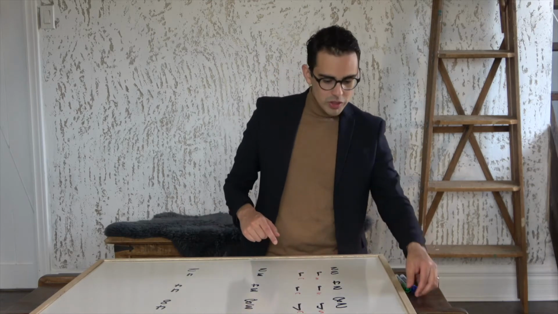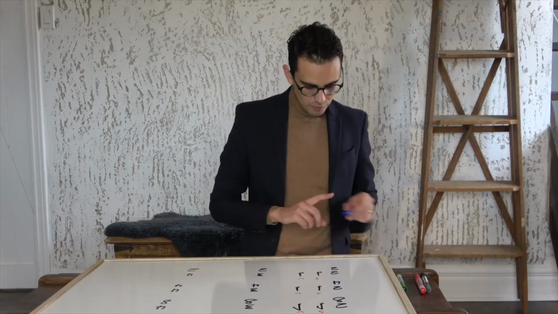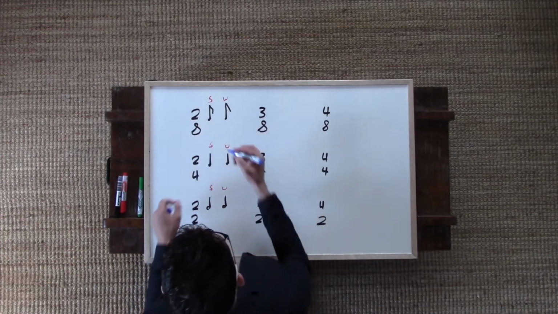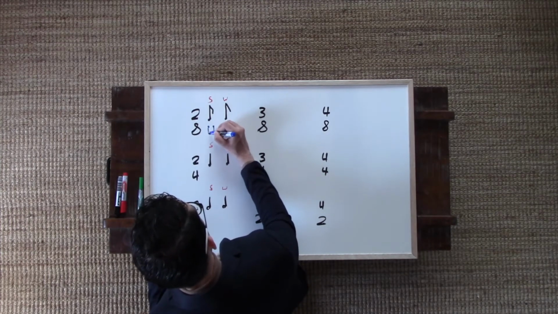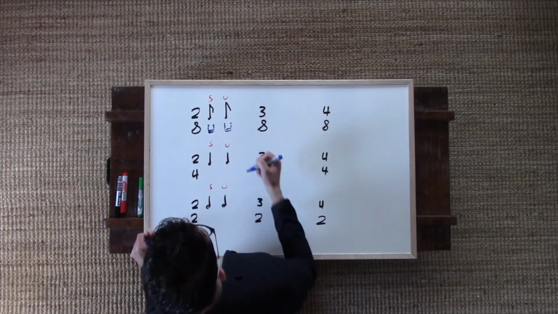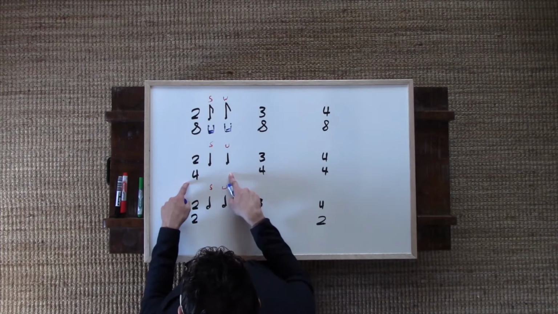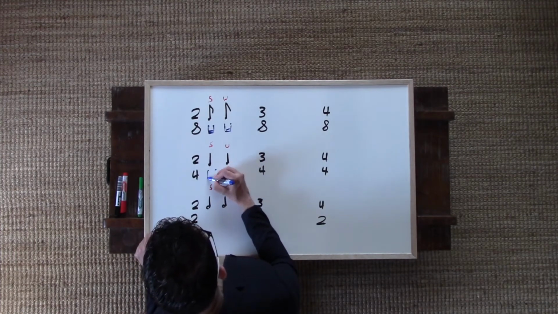So how can we subdivide 2/8 further? Let's see. So 2 16th notes go into 1 8th note. If you want to subdivide that one level further, you could do that. If we subdivide this one level further, we get 2 eighth notes.